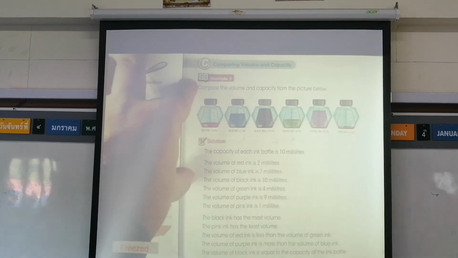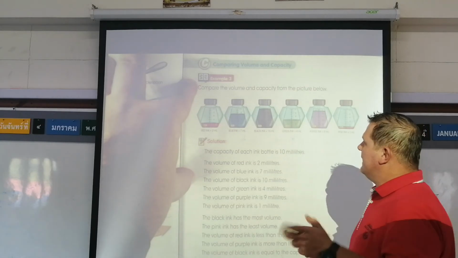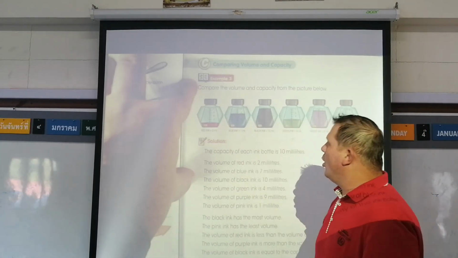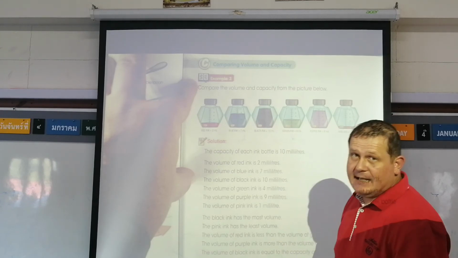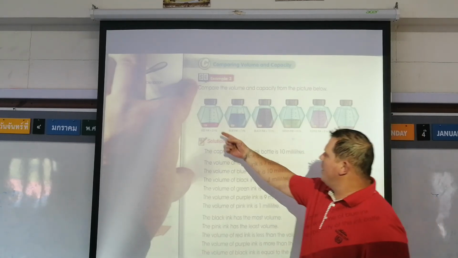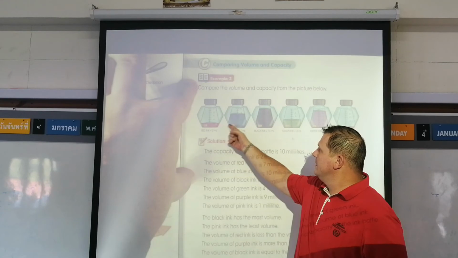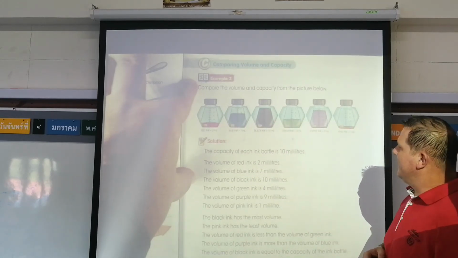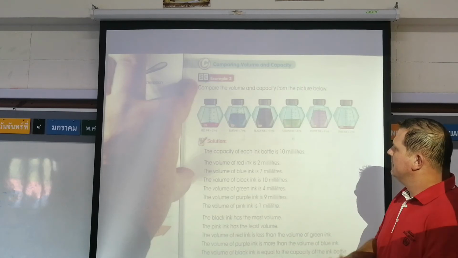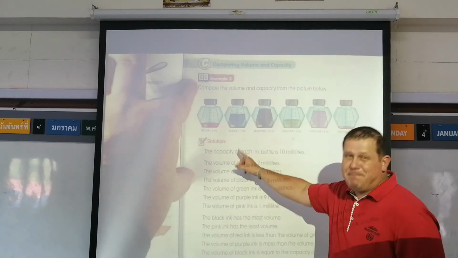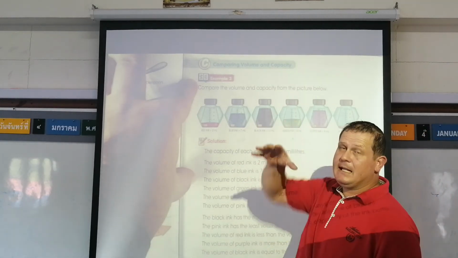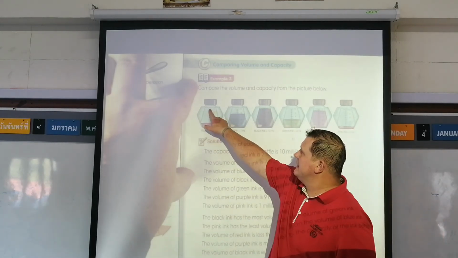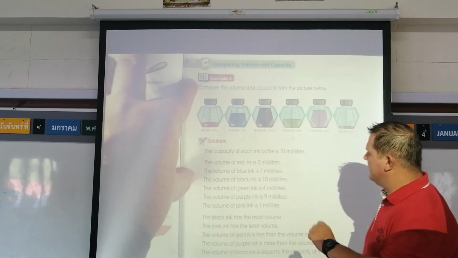Alright guys, comparing volume and capacity. Look at these ink jars. They are all exactly the same size, but you can see they are filled to different levels with ink. The capacity, that means how much ink each jar can take. The capacity of each bottle is 10 milliliters.